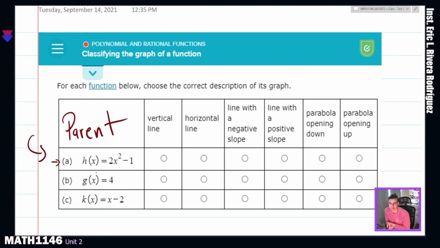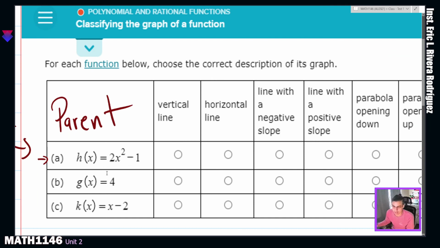If not, we are going to move on and I'm going to tell you the name of that function. That's okay. You are going to learn the name of the function when you watch the video lecture and complete the guided notes.